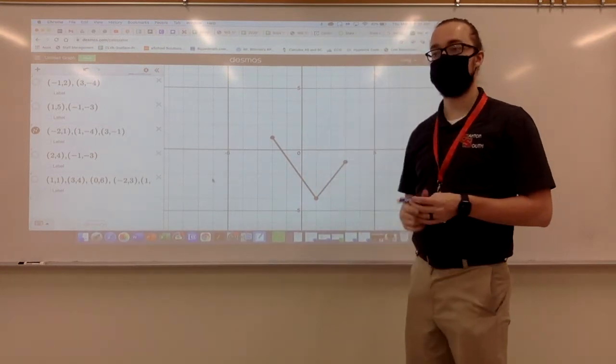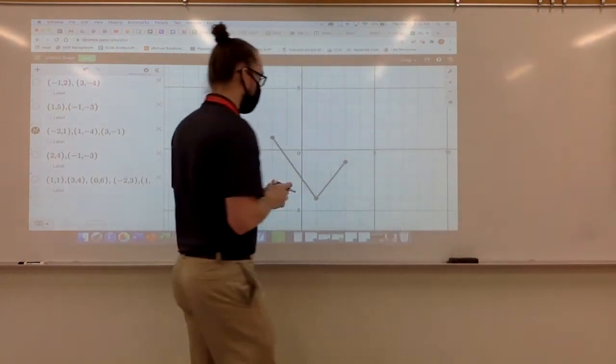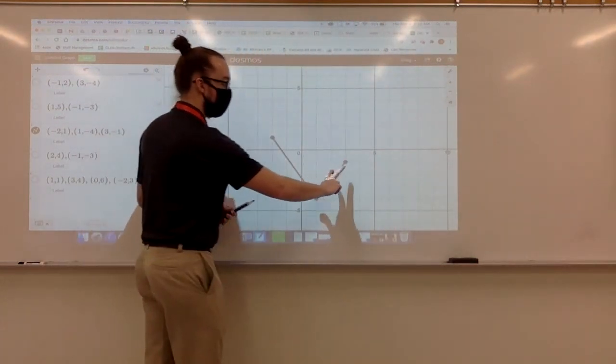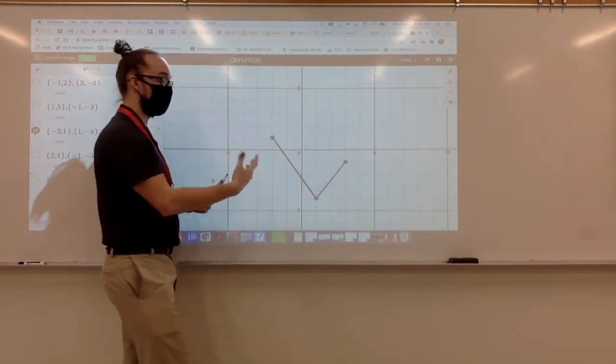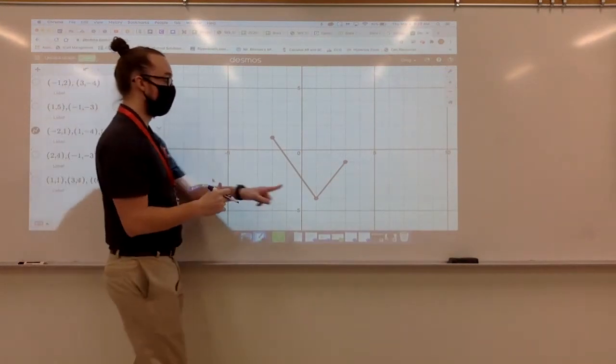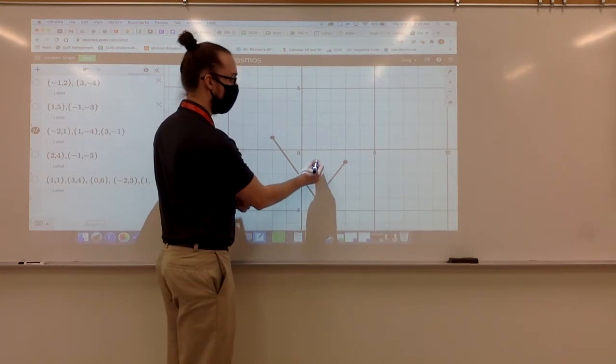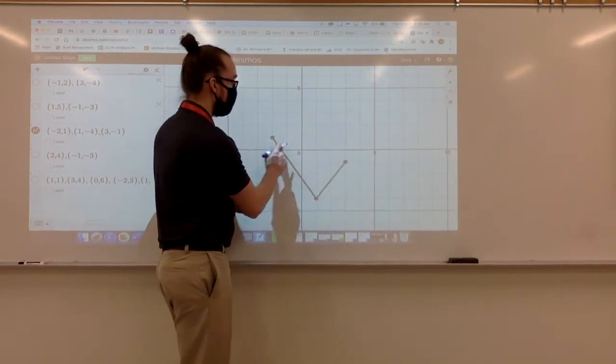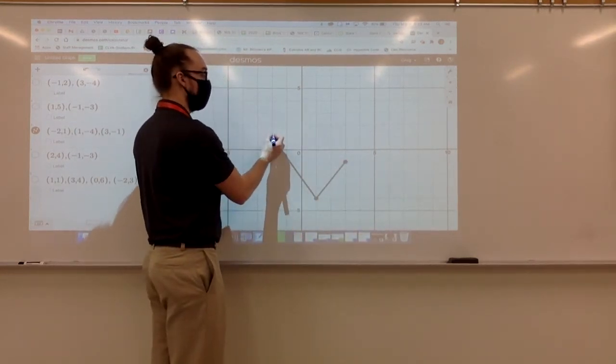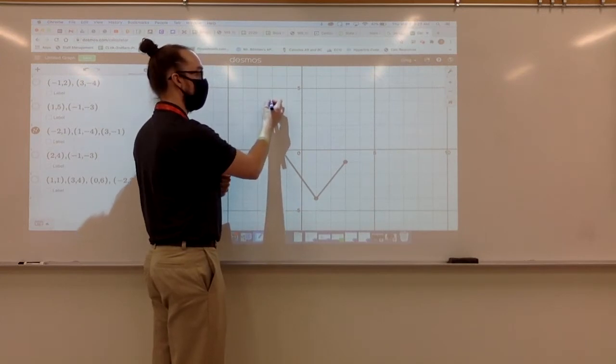Well, to figure that out, we just want to think, well, opposite sides are going to have to be the same length and parallel. So to go from here to here, I'm going to go up 1, 2, 3, and over 1, 2. So to go from here to here, I'm also going to go up 1, 2, 3, and over 1, 2.